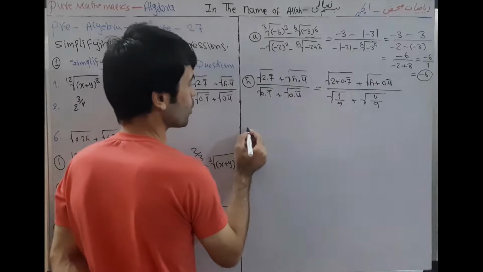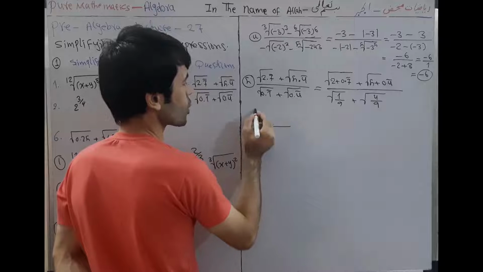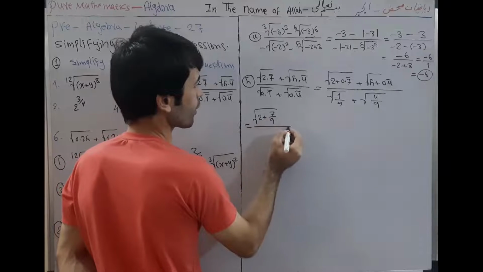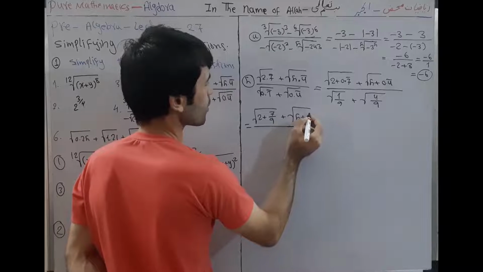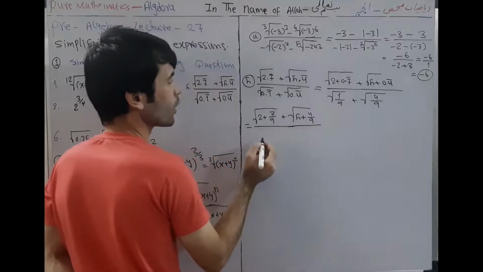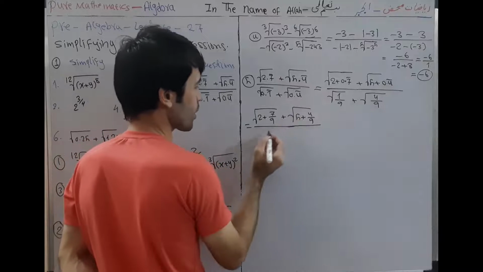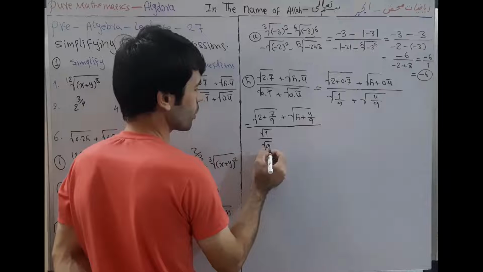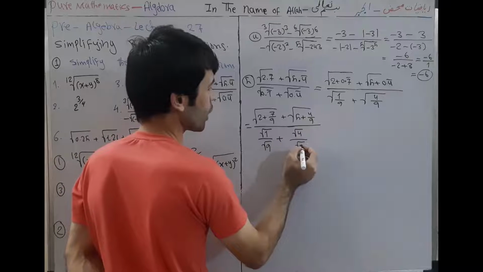It is equal to the square root of 2 plus 7/9 plus the square root of 5 plus 4/9, over the denominator. The square root of the fraction, we can write separately as 1 over the square root of 9 plus the square root of 4 over the square root of 9.